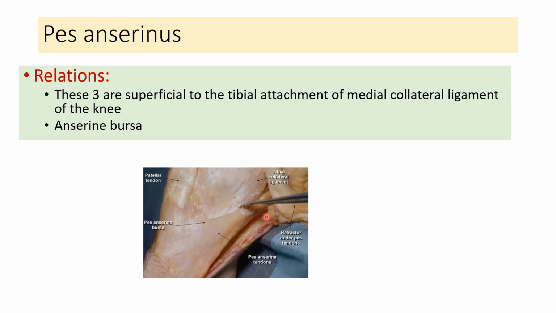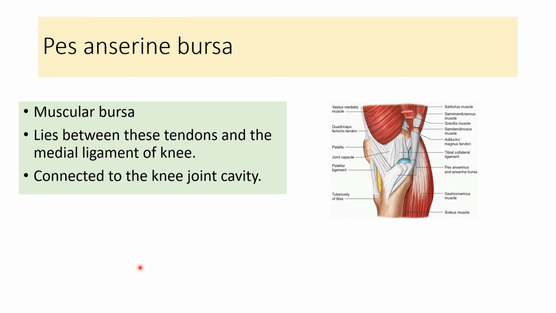So the anserine bursa is between the tibial collateral ligament and the pes anserinus. Now let us see what the pes anserine bursa is. It's a muscular bursa lying between the tendons of the pes anserinus and the medial ligament of the knee. Here you can see the pes anserine bursa, and it has communication with the knee joint cavity.